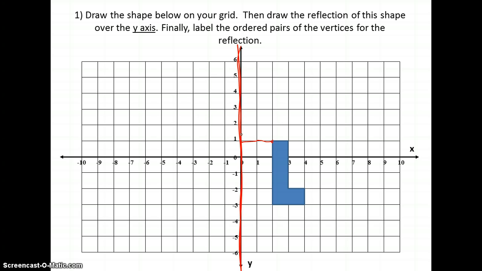And in this case, it is 2 units. So its reflected point would be 2 units away. Now, since my L is going to the right in the original figure, my L needs to go to the left in the reflected figure. And don't forget to label your points.